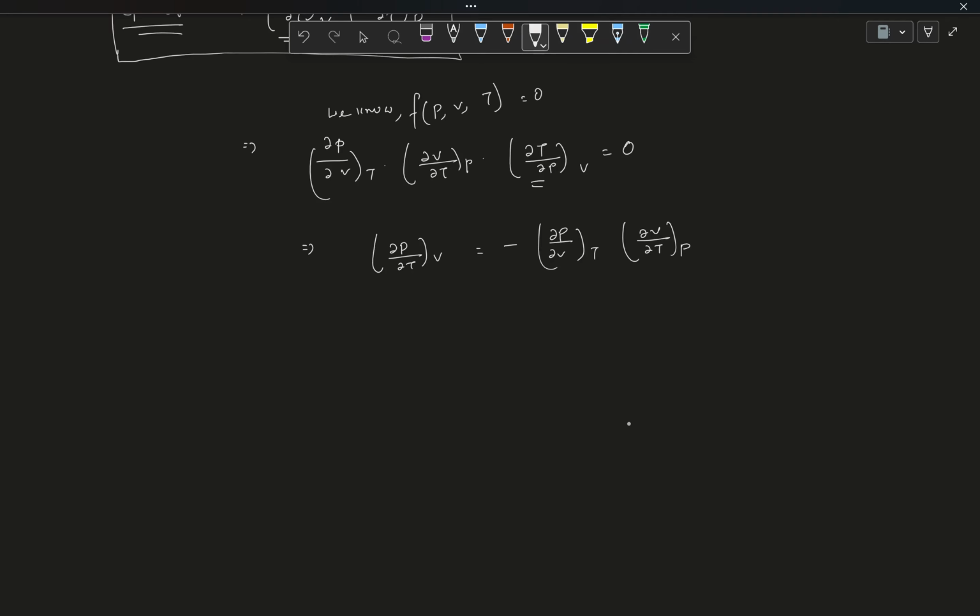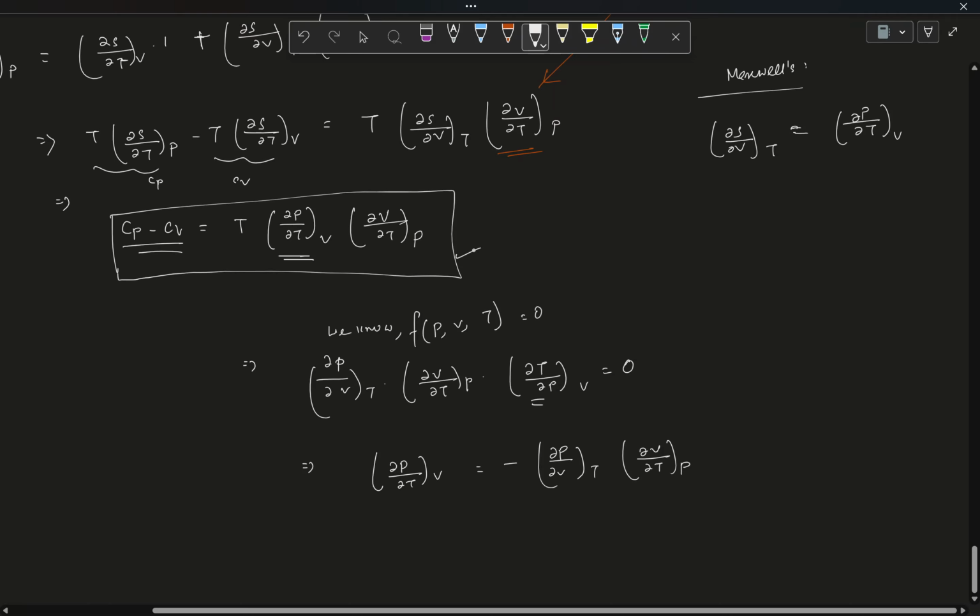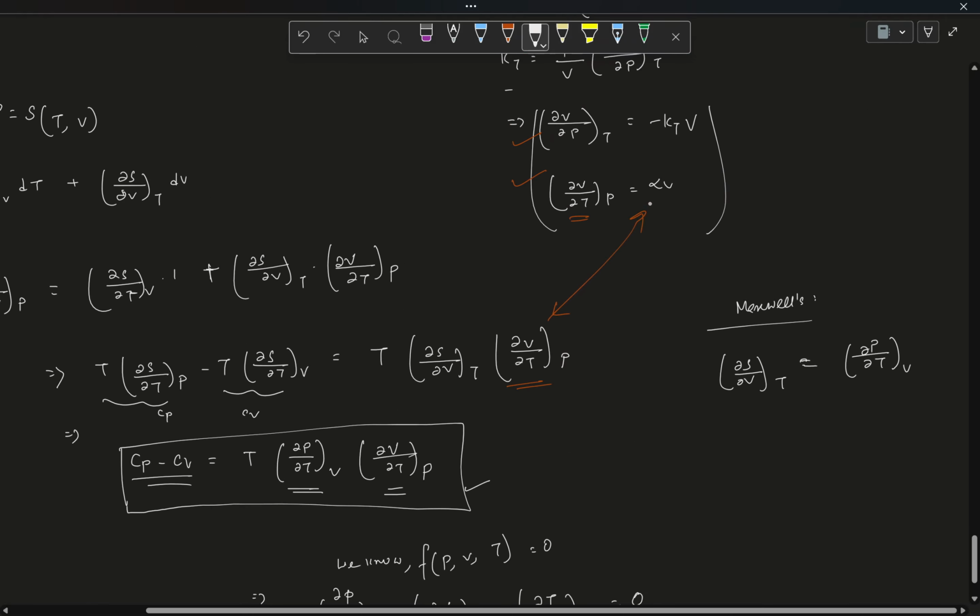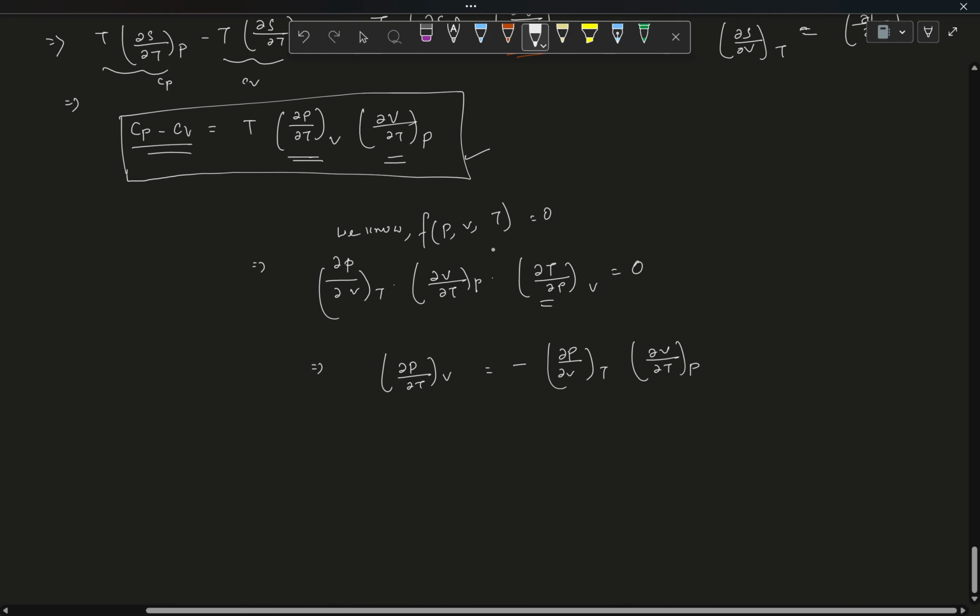So this is the thing that we are getting, that Cp minus Cv is equal to del P del T, sorry, this thing, and where this term we know from the equation with alpha, but for the first term we have to use a thermodynamic variable relation where del P del T at V constant is equal to minus del P del V over del T del V.